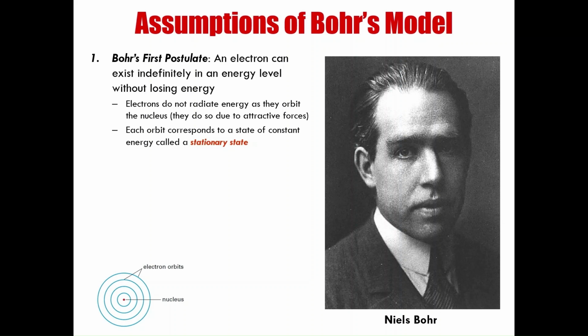And so Bohr's first postulate: an electron can exist indefinitely in an energy level without losing energy. What does that mean? Basically he's saying electrons circle around the nucleus of an atom without actually losing energy. They do so just like planets circle around the sun.